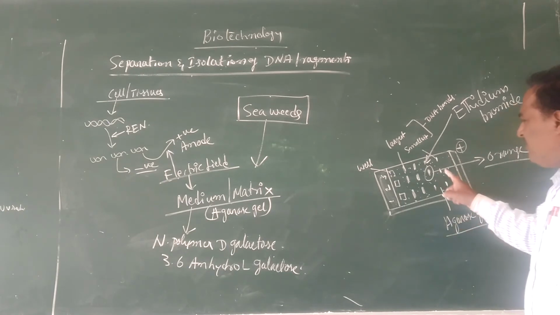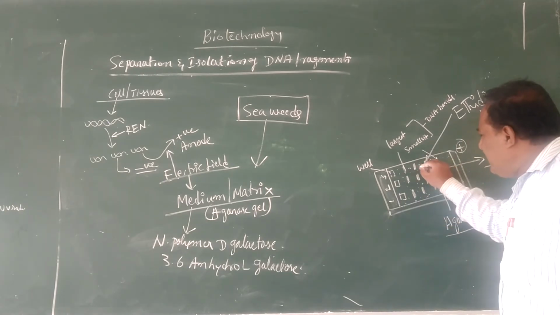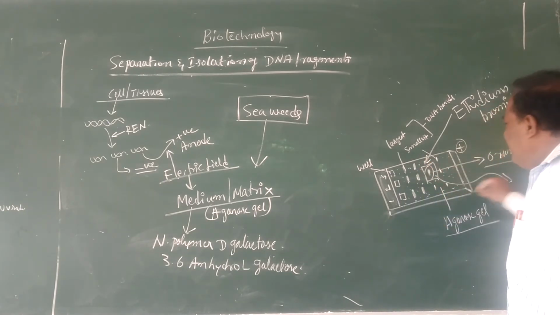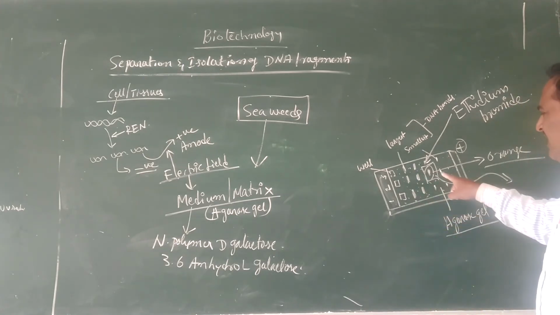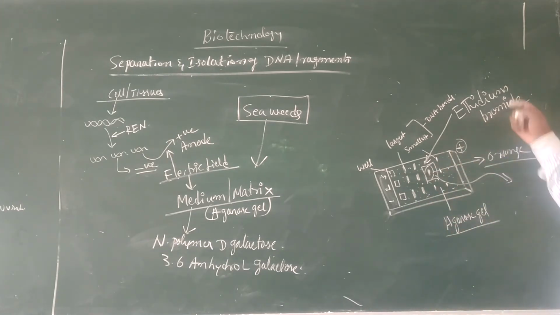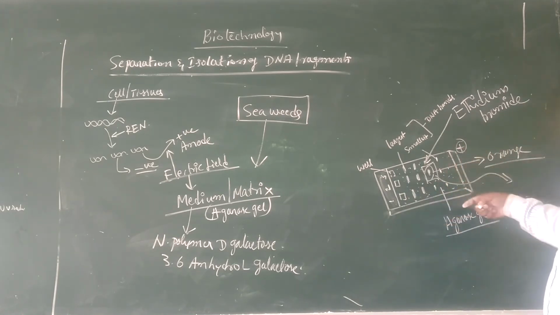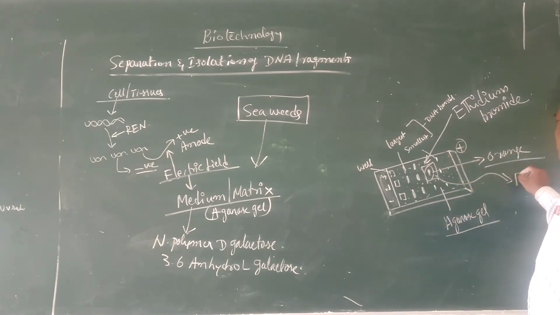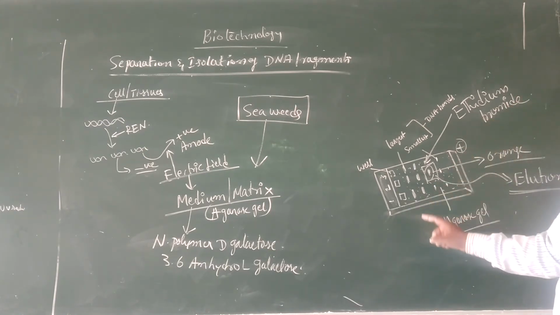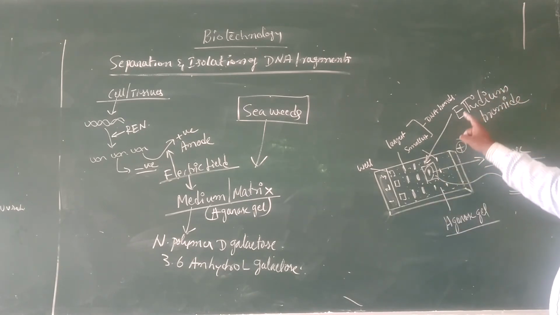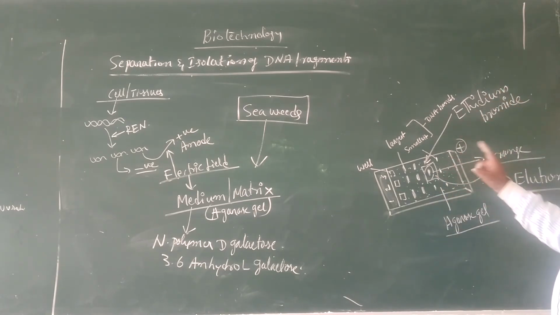Those bands are separated from the gel piece. That process is called elution. Elution is the process of separating the DNA band from the agarose gel piece.